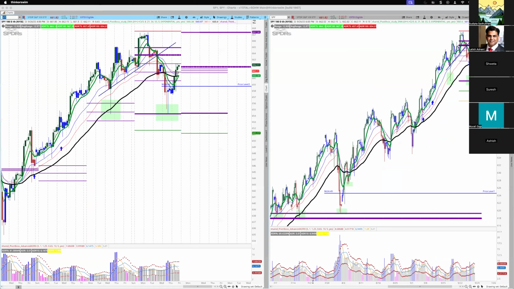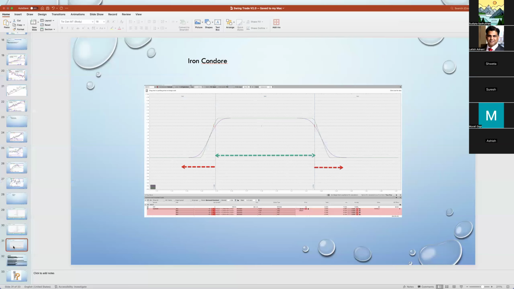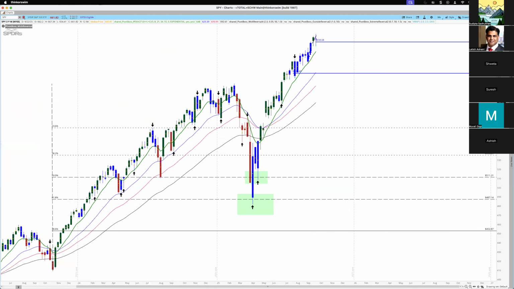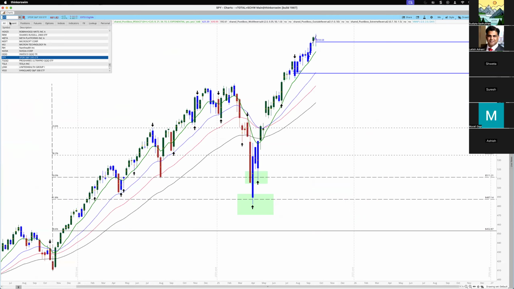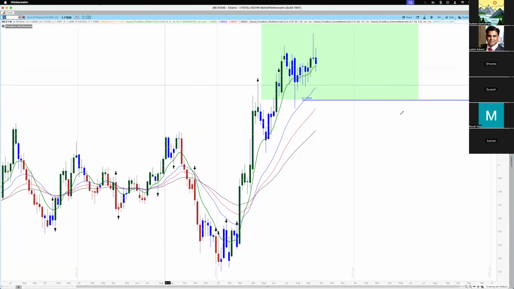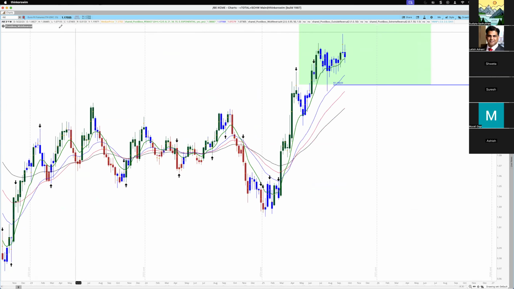And I want to talk about the iron condor. So usually it's good to construct this trade on futures. In futures, what happens?